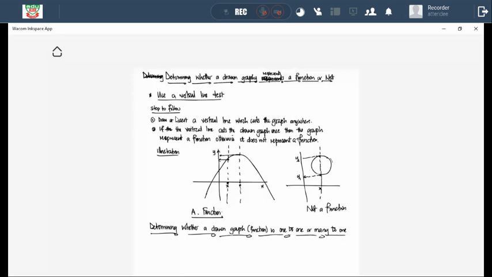Then we call that a one-to-one function. A many-to-one function passes the vertical line test, but fails the horizontal line test. When you insert a vertical line, it cuts once, but when you insert a horizontal line, it cuts more than once. Then we call it a many-to-one function.